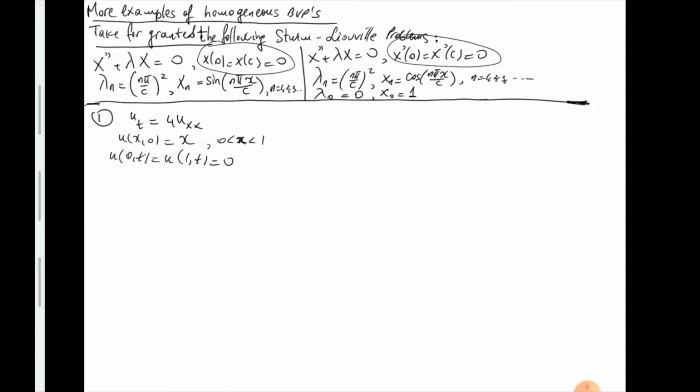So with a little experience at this point, you should already anticipate that you will need the first Sturm-Liouville problem above. So this one leads eventually to that eigenvalue problem.